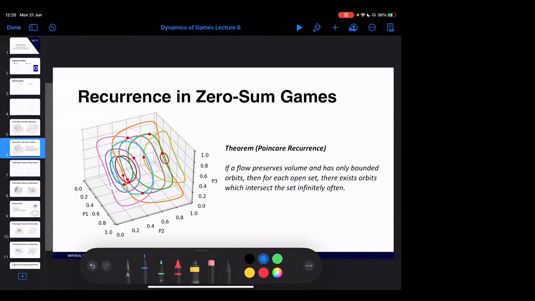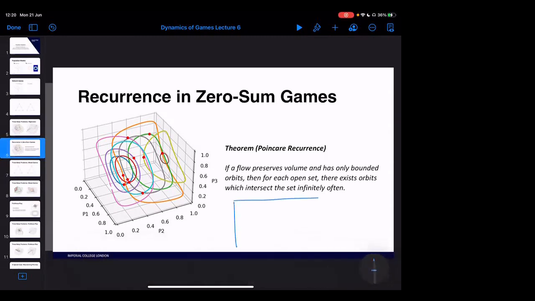Yes, 2017, in which the authors essentially applied this result of what's called Poincare recurrence. This is a pretty seminal result in dynamical systems, which essentially says that if we take any open set, right, and we look at the trajectories that pass through it, the trajectories can do whatever they want outside, right? But eventually they will cross that open set again, and they will do so infinitely often, right?